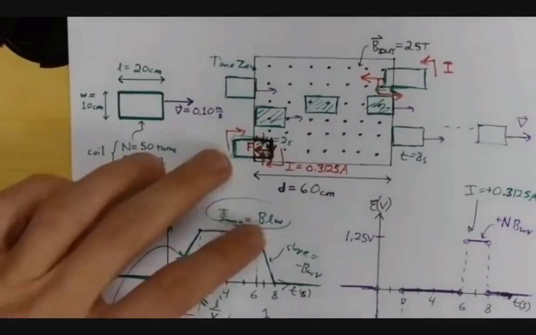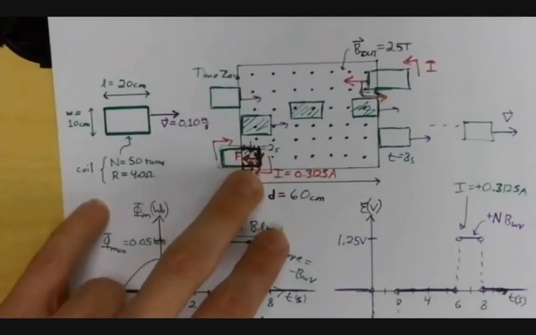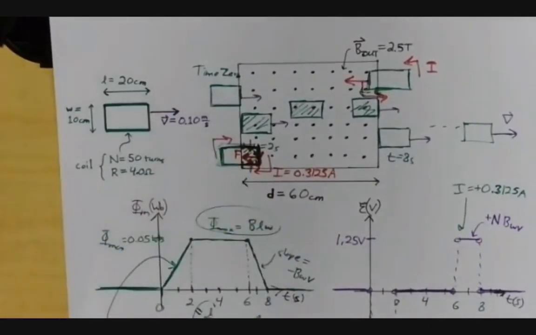What if nobody is applying a force on this while it enters? It'll feel this opposing force and it will slow down. Maybe you threw it fast enough and you can get it in the field. Maybe you didn't and it slows down. But there's an opposing force while it's entering, and if nobody's providing a propulsive force for it, it'll show up as a slowing down of this object.